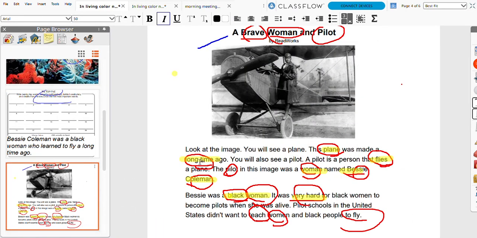So we've used long time ago, Bessie Coleman, black woman. We didn't really use very hard in here.